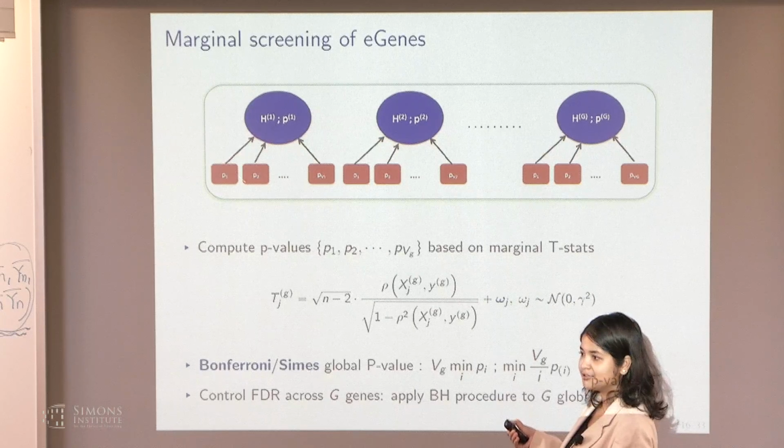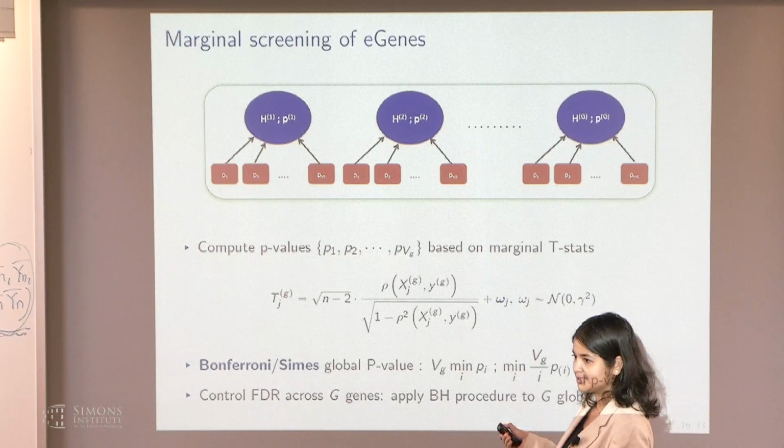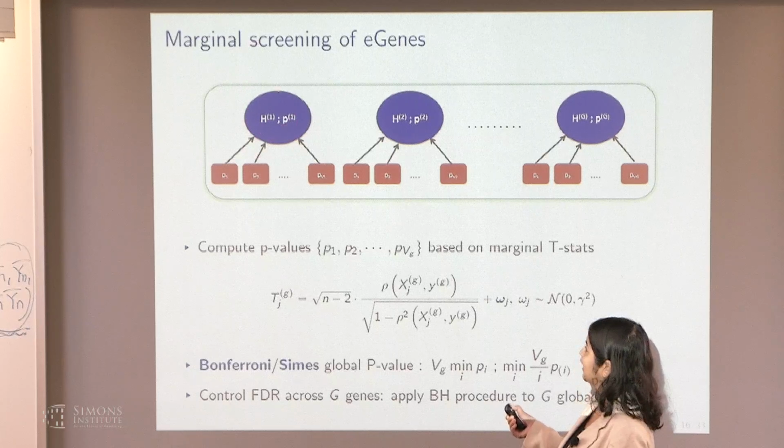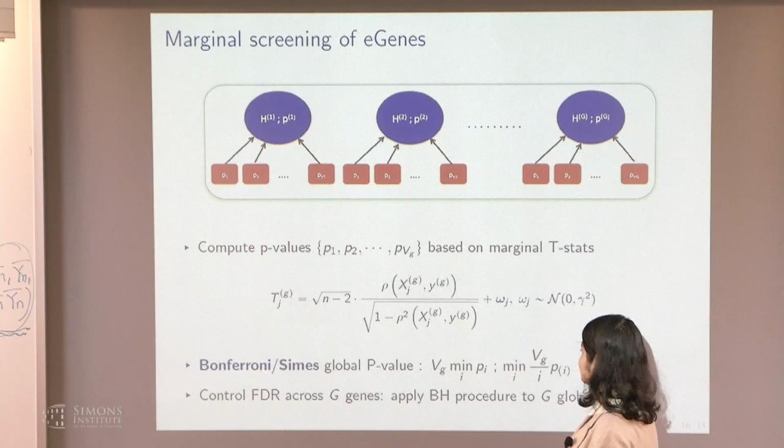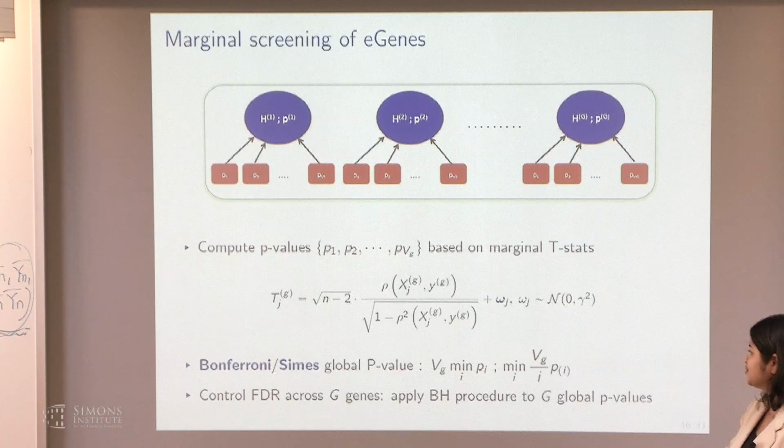You compute p-values based on these marginal associations, testing a global null that this gene has no association with any of the variants around it. You can construct a Bonferroni or Simes global p-value. Once you have a p-value for each gene, you pass the p-values through a BHC procedure, and that's how they try to control FDR at the level of eGenes. So this is basically describing the selection.